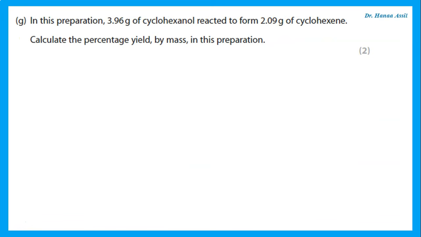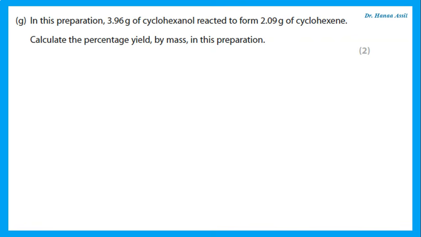In this preparation, 3.96 grams of cyclohexanol reacted to form 2.09 grams of cyclohexene. Calculate the percentage yield. Now, in order to calculate the percentage yield, I should first calculate the theoretical yield. So if we start with 3.96 grams of cyclohexanol, how much cyclohexene should we get?